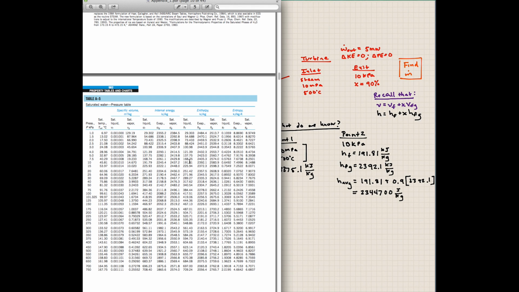Okay, so now that we have that information, let's see if we need more. I haven't worked this problem out completely yet. In the next step, remember we have a toolbox. So far we've talked about the conservation of energy, and we've also talked about the conservation of mass.